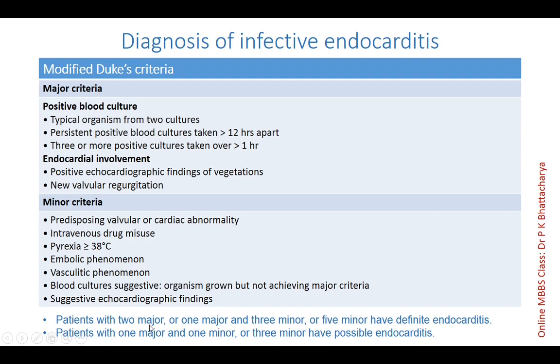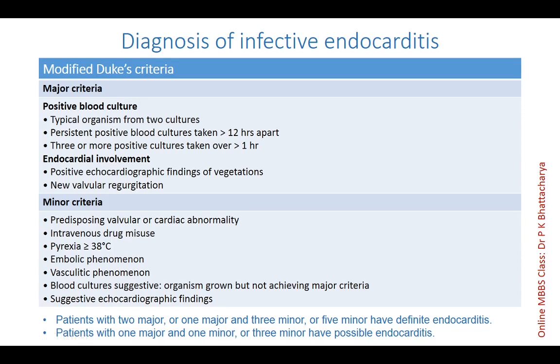That means 2 major, 1 major plus 3 minor, or 5 minor, then you say that the person has definite endocarditis. Possible endocarditis is when the person has 1 major and 1 minor, or any 3 minor, then we say that the person has possible endocarditis.